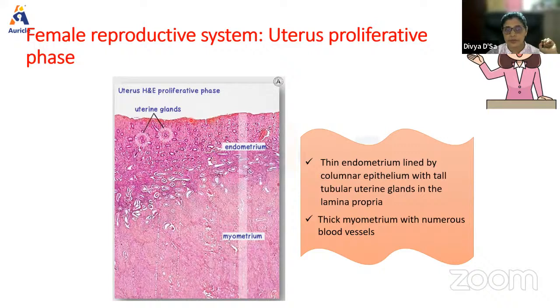Because of that, the endometrium is thin, lined by columnar epithelium. Here we have the uterine glands, which are present within the lamina propria. The myometrium is very thick, because the endometrium is relatively thin, and it has many blood vessels. So this is uterus in the proliferative phase.